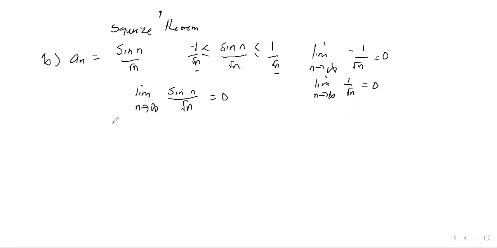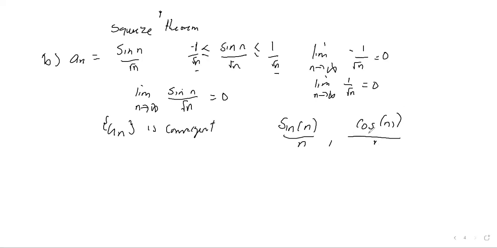So we say the sequence a_n is convergent, and it converges to 0. This still happens if you have just a function sine n over n, or if I have cos n over n, the same thing will happen.